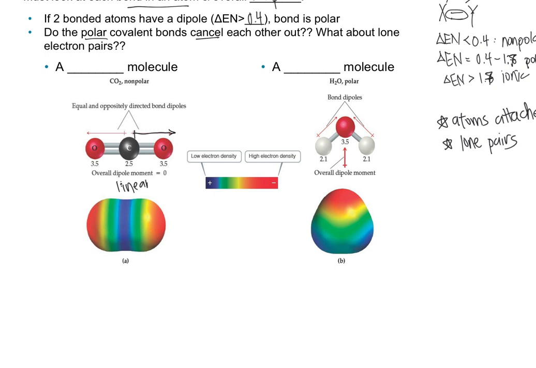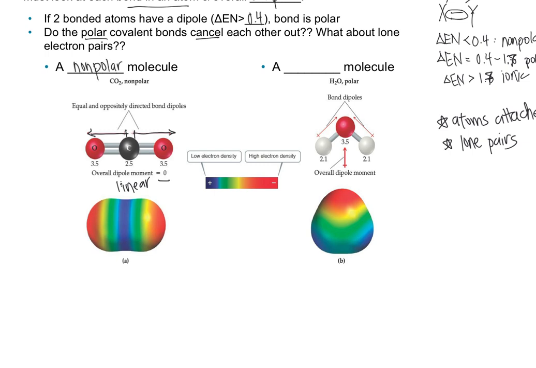So we have two polar bonds being pulled in exactly opposite directions, and those end up having a net value of 0 for the whole molecule. Since the pull is equal and opposite from the central atom, the dipoles cancel out, making this a nonpolar molecule.